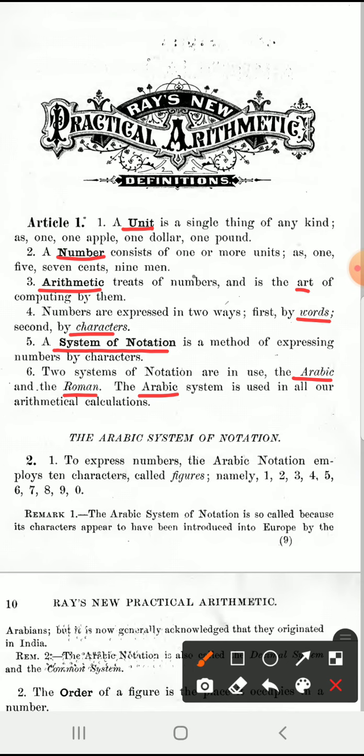In other words, in arithmetic, we're going to mainly use Arabic numerals, or the characters of the Arabic system of notation. So there are two systems of notation commonly used. The Arabic system is that which we'll be using in arithmetic.